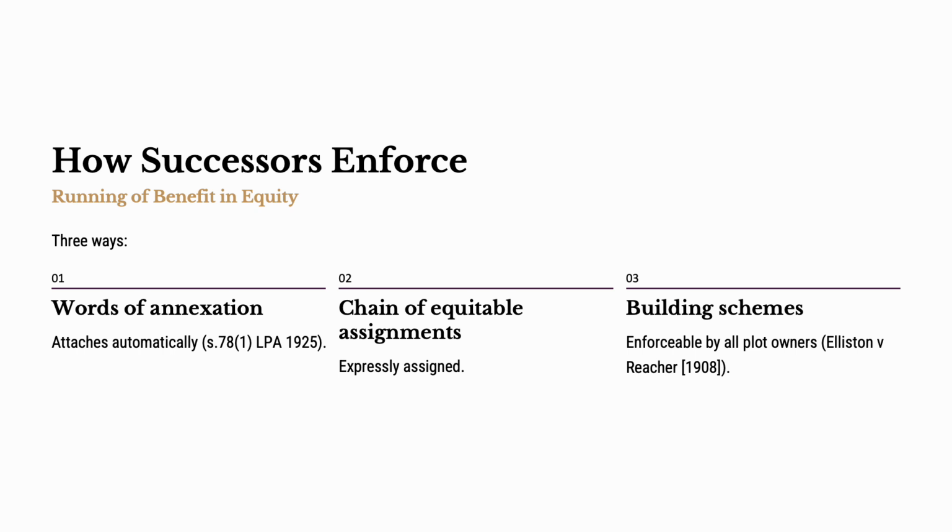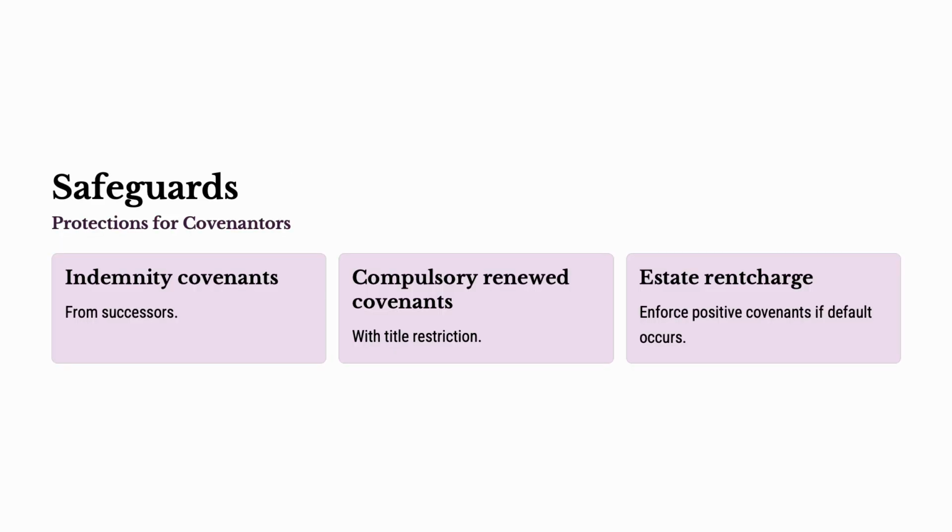First, the land must be divided into clearly defined plots. Second, the covenant must be imposed for common benefit. Third, the original purchasers must have bought on the understanding that the covenant would be mutually enforceable. So in such societies, as I am saying, don't park your caravan or do something at that point.